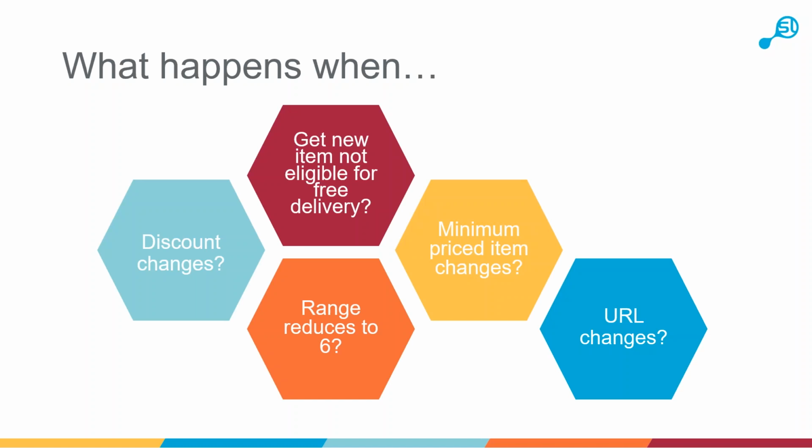So what happens when a discount changes? You get a new item eligible for free delivery, a range reduces to 6, minimum price changes, or URL changes. We can't handle these types of changes with manual ads. So that's why inventory management works really well to automatically pause campaigns or update ads as required.